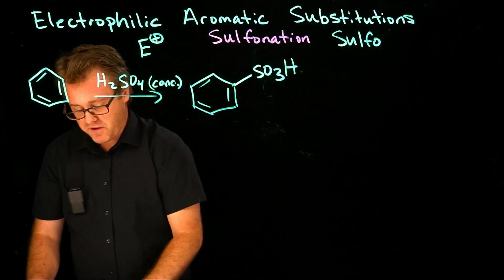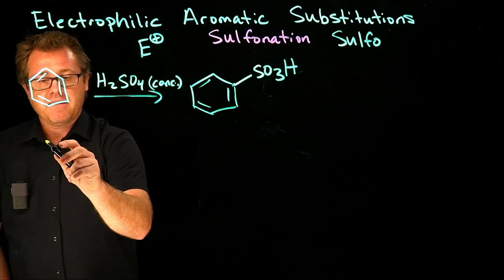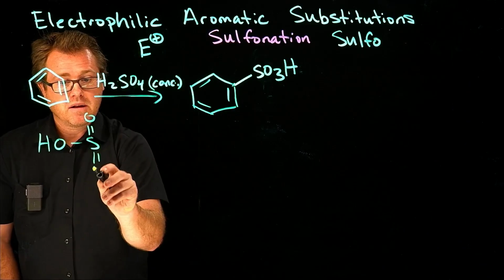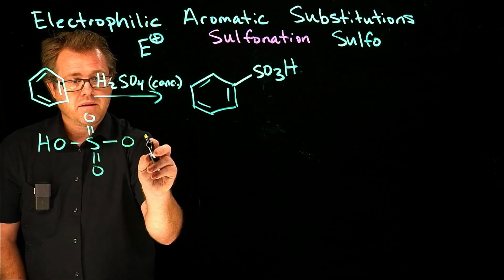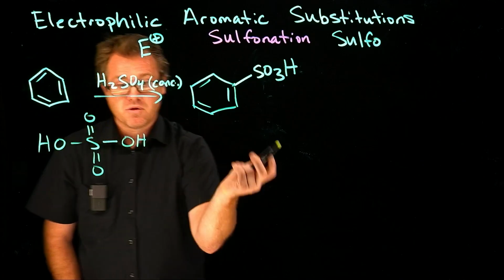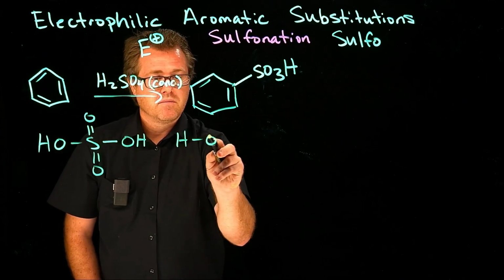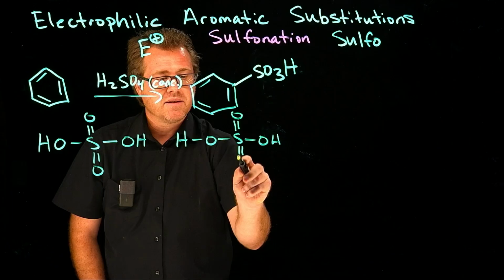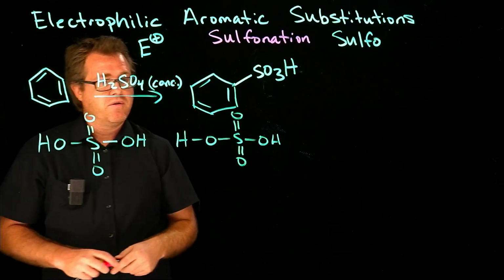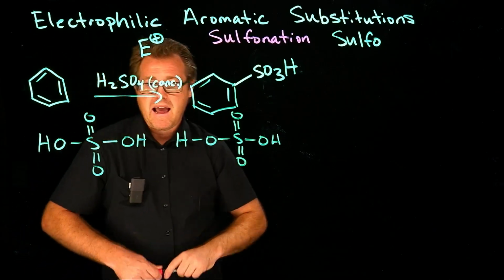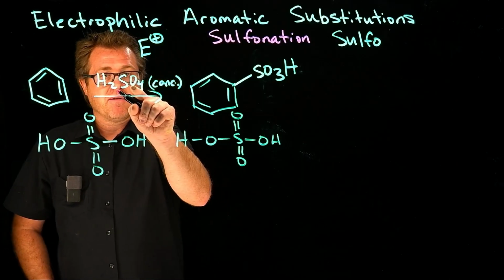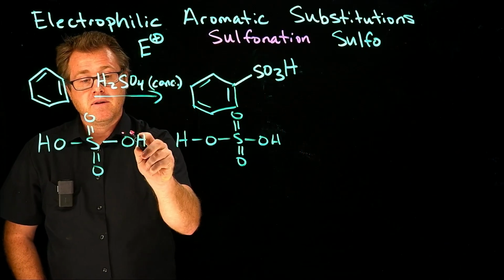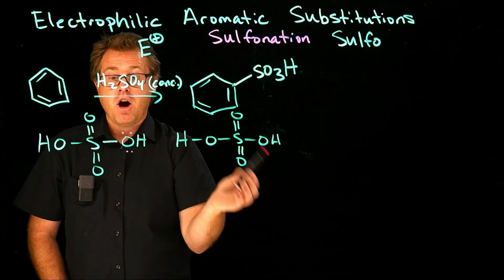Okay? So let's look at the first part, where we just have sulfuric acid. When you have sulfuric acid, let's draw 2 of them. There's one of them. There's the second one. So we have 2 sulfuric acid molecules. What's going to happen is we start with 4 oxygens. We need to only have 3 in the product, so we have to get rid of one. And how can we get rid of an oxygen?